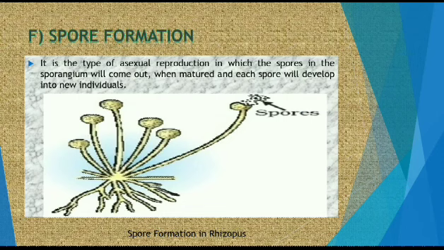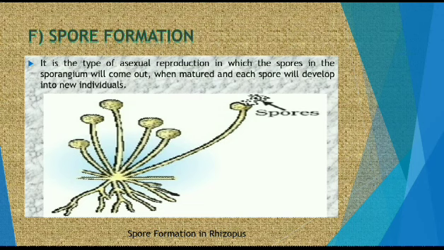Next one is spore formation. Rhizopus is the best example, and I told you one thing, in that set of three, one of them, spore formation will definitely come. At the tip of Rhizopus, so many spores are present.